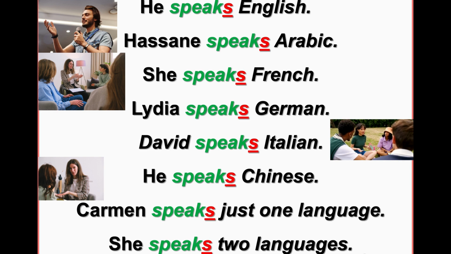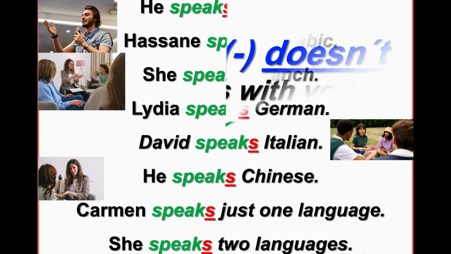You see, when we have he, or Hassane, or Lydia, or she, or David, or Carmen, so we always put an S to the verb. So try to remember to put an S at the end of the verb in present simple with he, she, it, or a singular noun. Let's practice this to know it more. Let's go to the next slide.